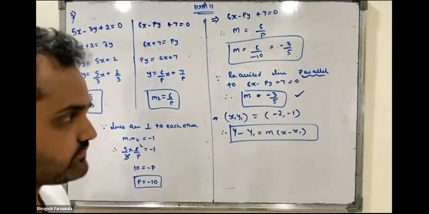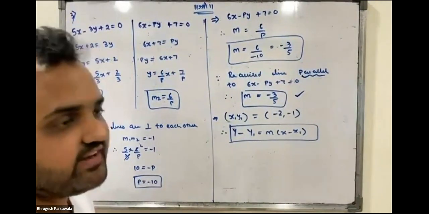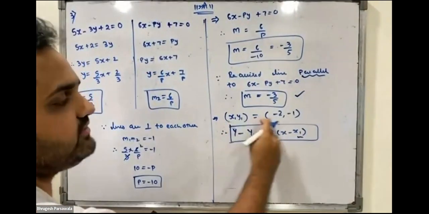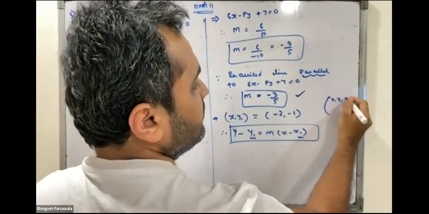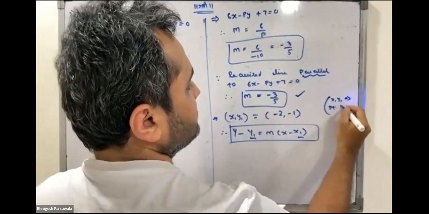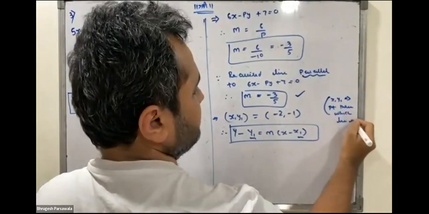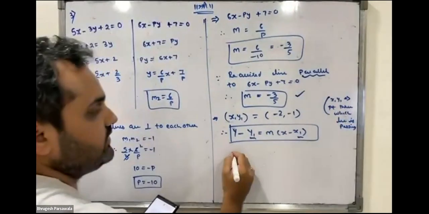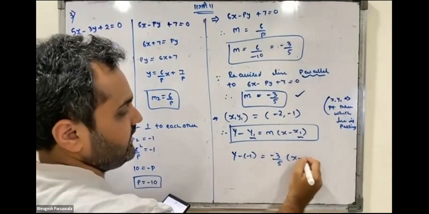And what is x1, y1? It is the point through which the line is passing. Okay beta? So y minus y1 is equal to m into x minus x1.